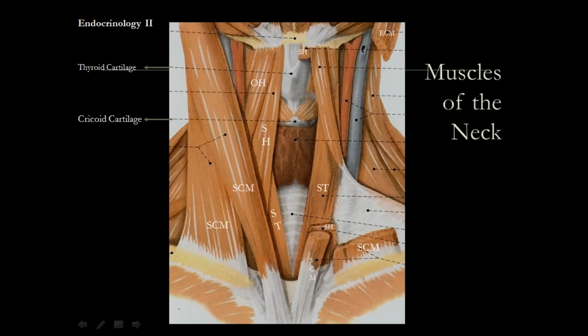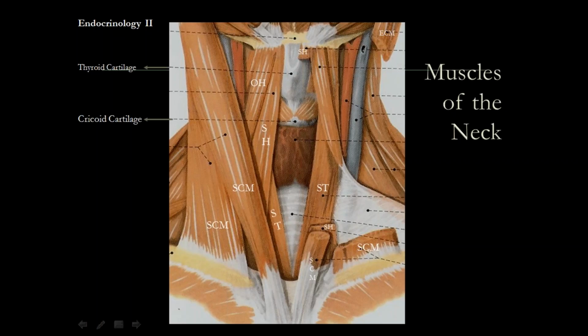Here we have some anatomical location. We have the sternocleidomastoid with its insertions at the clavicle, sternum, and mastoid process. Under these are other muscles: the omohyoid, sternohyoid, and sternothyroid.